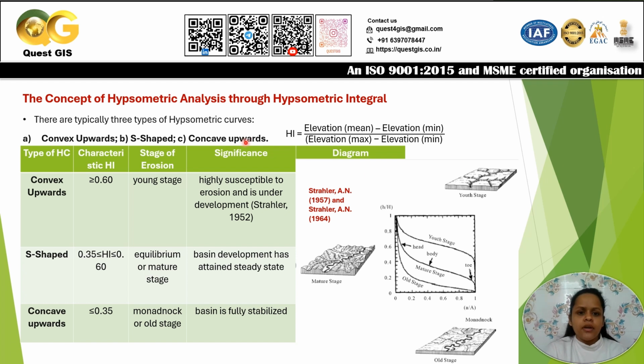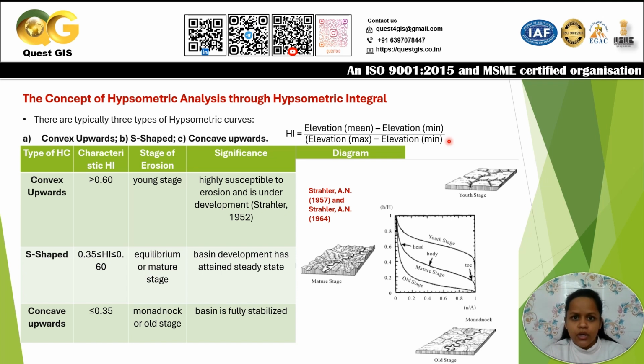Okay, so here let's combine hypsometric curves, stage of erosion, HI values and their significance, and then conclude. But before that, how is HI calculated? For HI, we take the mean elevation, subtract the minimum elevation from it, and divide the entire thing by the difference between maximum and minimum elevation.